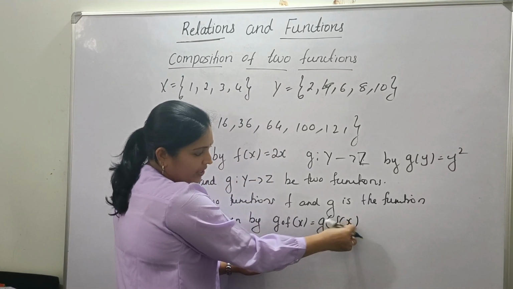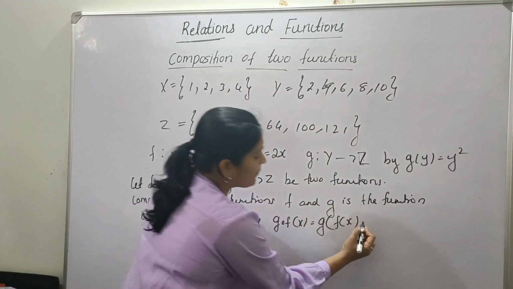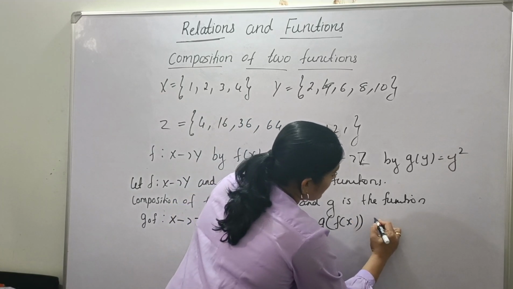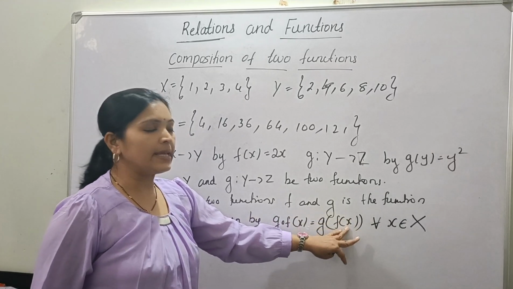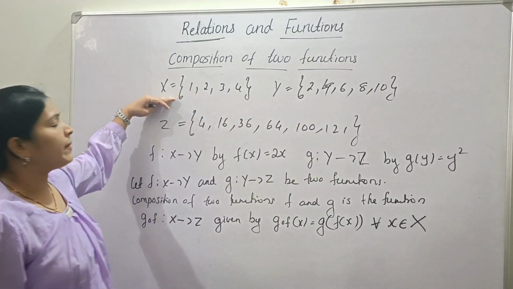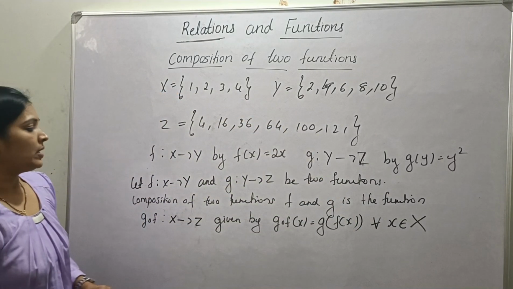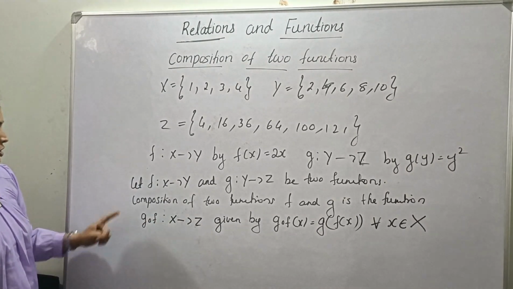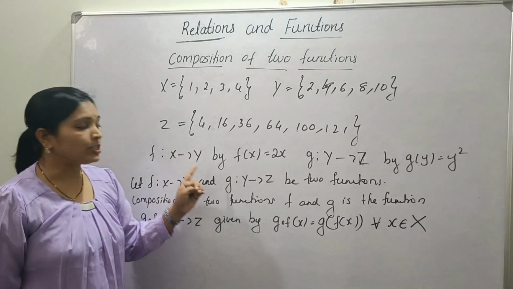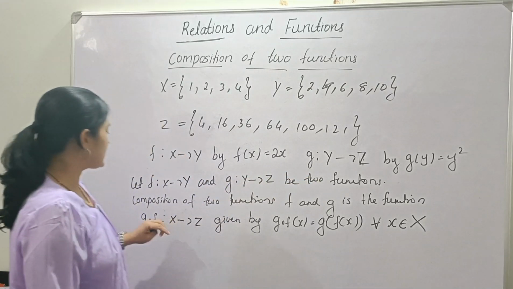First we will find f of x, then g of f of x, for all x belongs to X. All these x's are the elements of X. It is the definition of composition of two functions. Let f from X to Y and g from Y to Z be two functions.